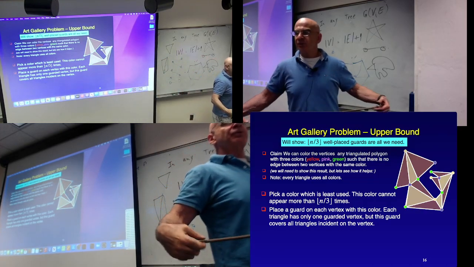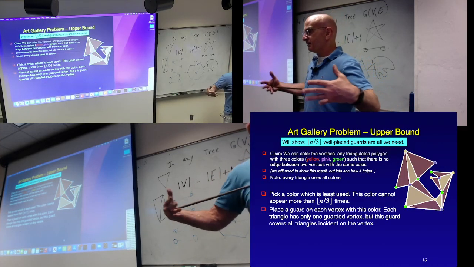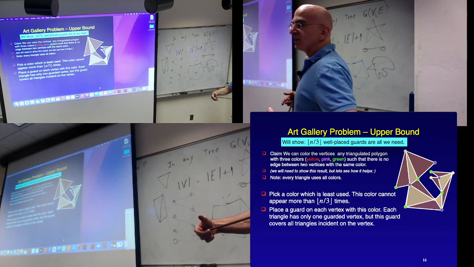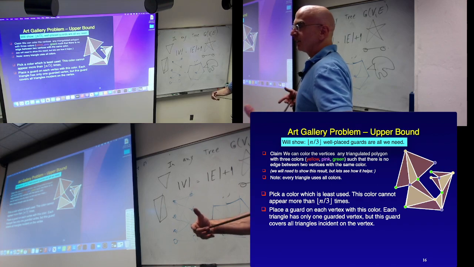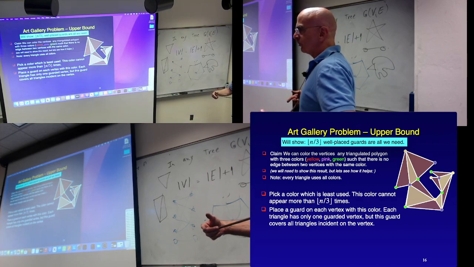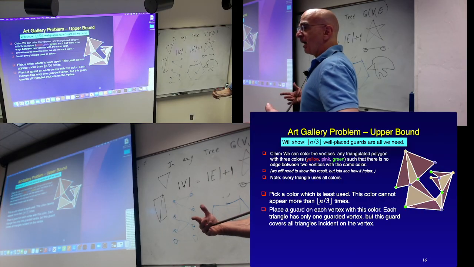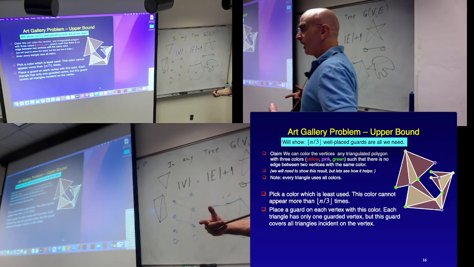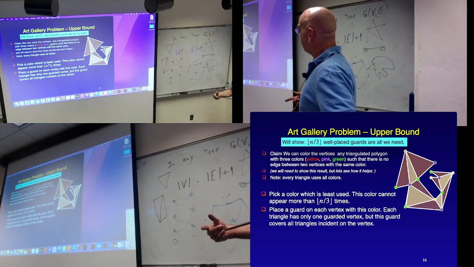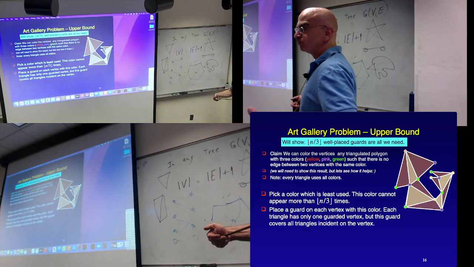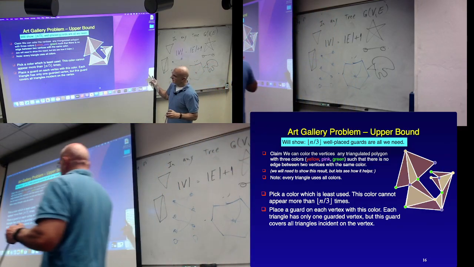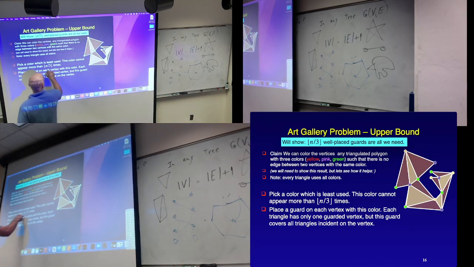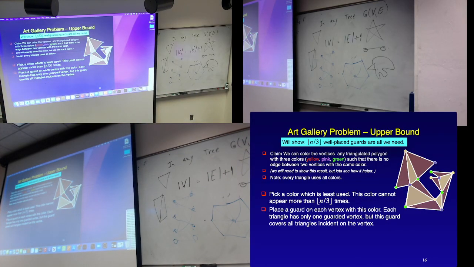I want to prove to you that I can paint these vertices in a way that every triangle has exactly one candidate of each color. What I'm not telling you is how many greens, how many blues, how many reds I have.